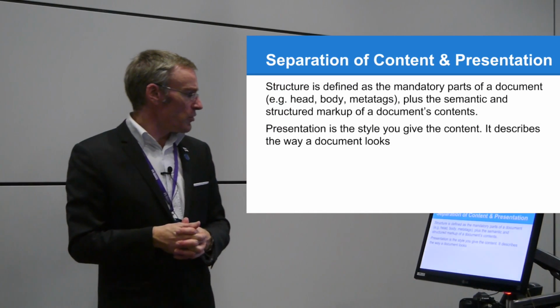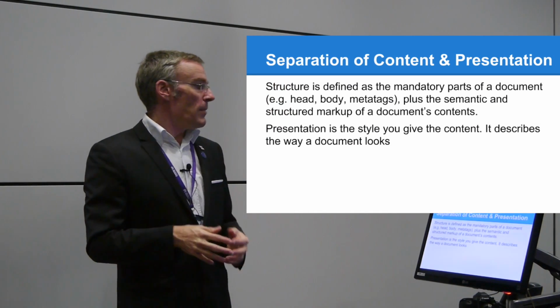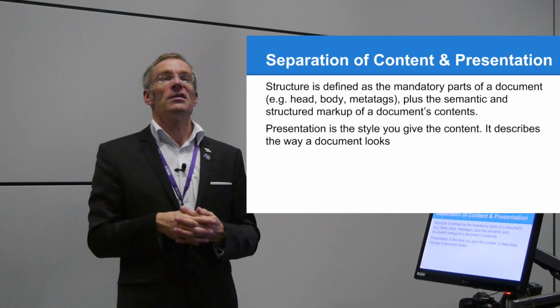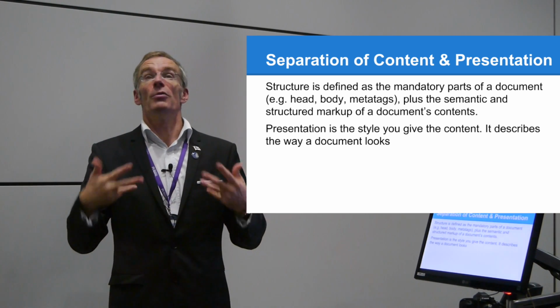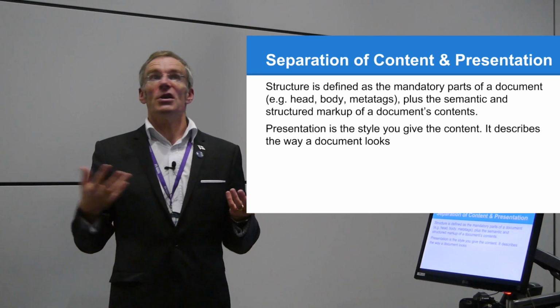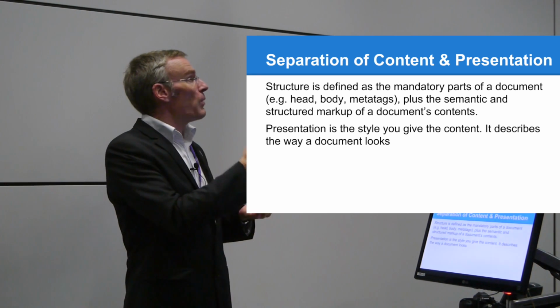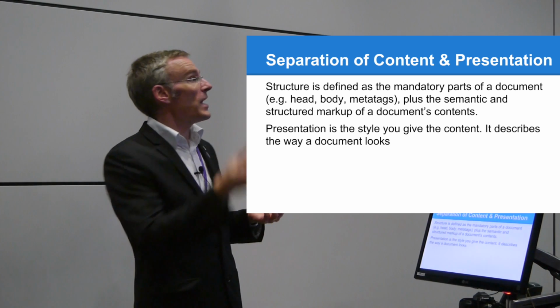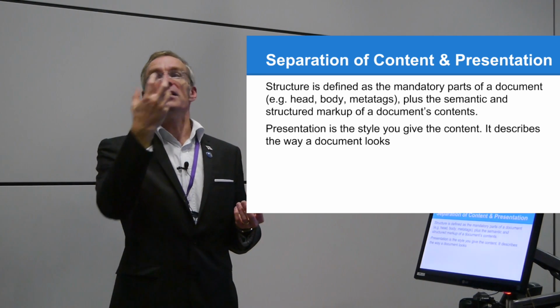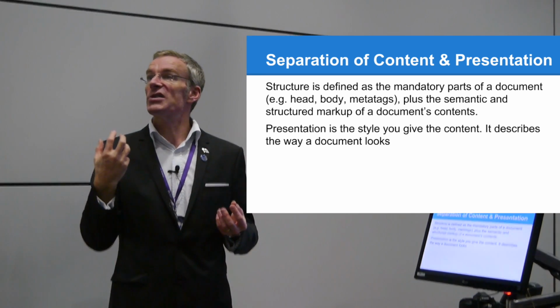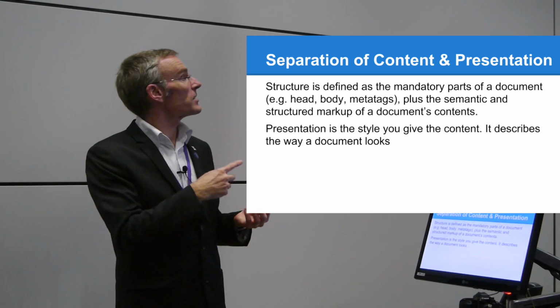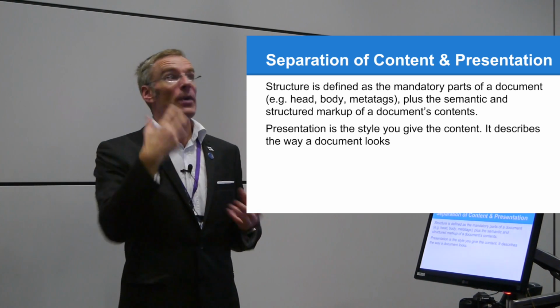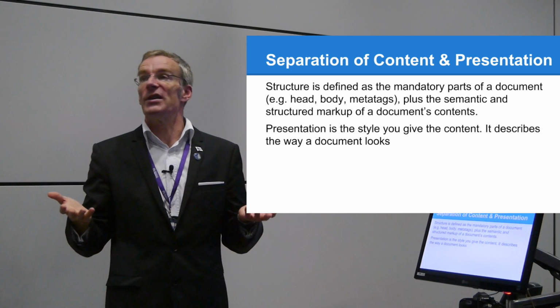So this is for those who are still struggling a bit with this one. The mandatory part of a document, the bits without which the document would not be complete. So if you ever question whether it's part of content or layout, imagine taking it away. Would your page still make sense? That's the test. If you took a banner away, your page still makes sense, doesn't it? The content's still there.